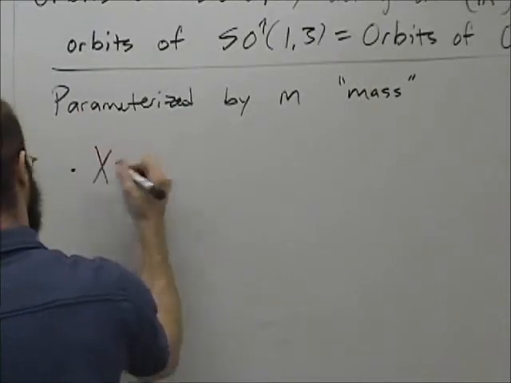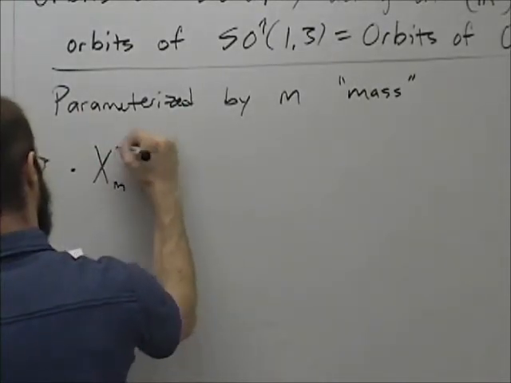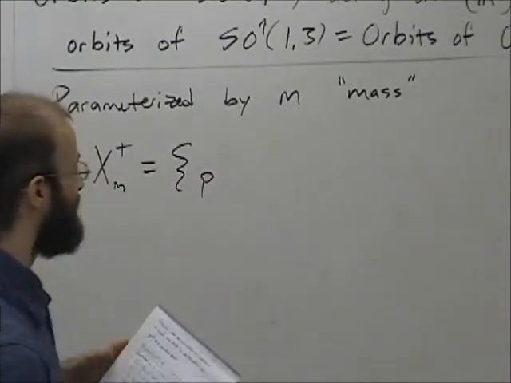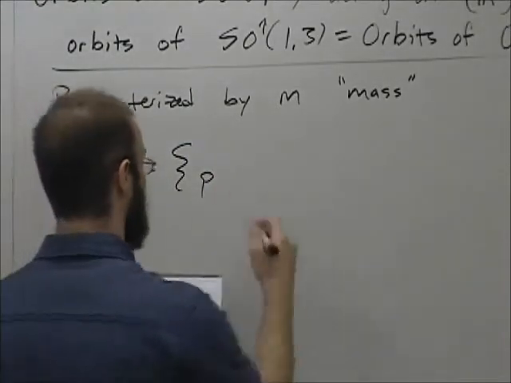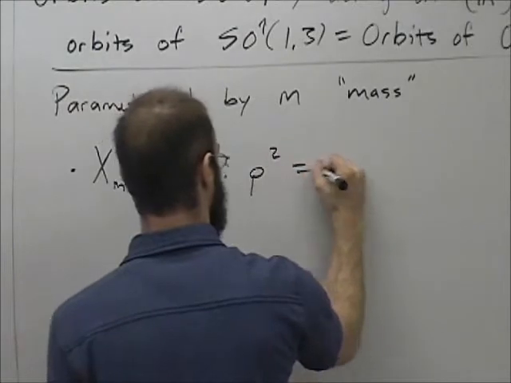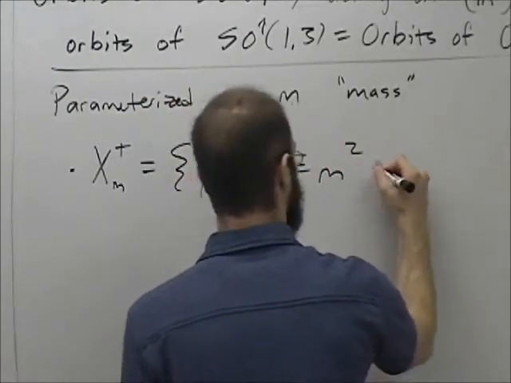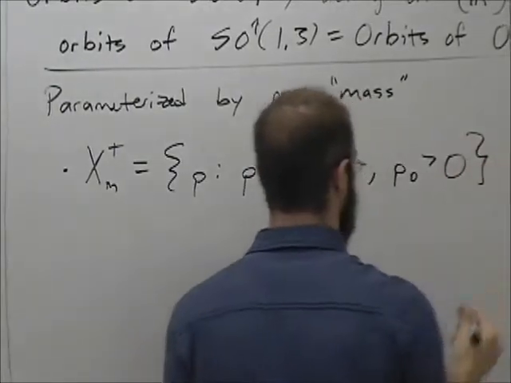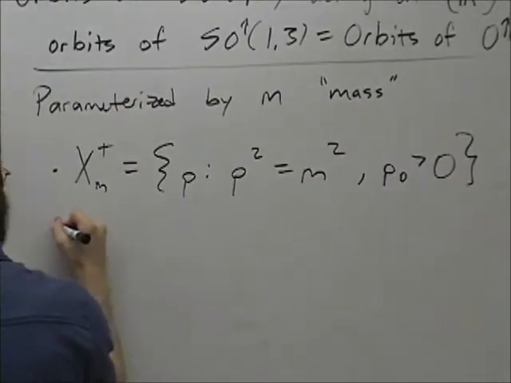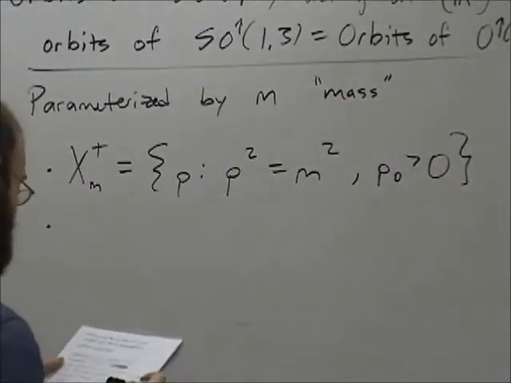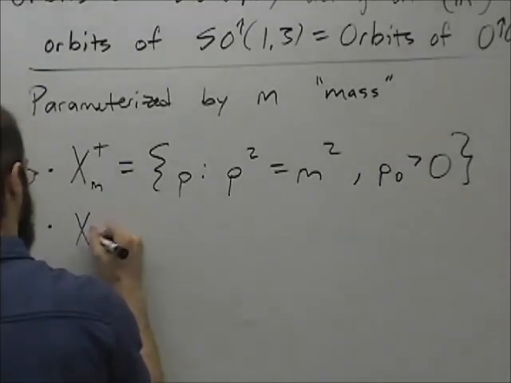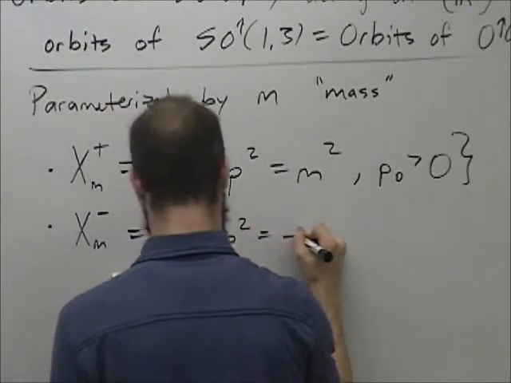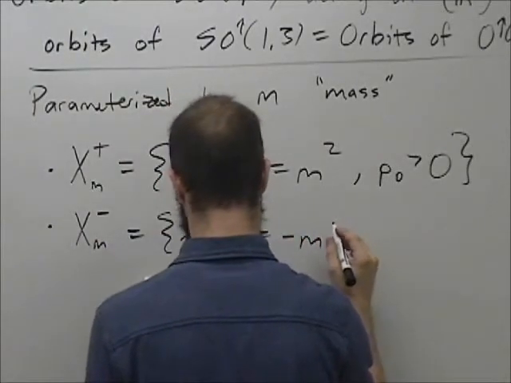Here are my orbits. There's one that's given by this. Now these are going to be the names for my vectors, and I'm going to call them p. This is p squared equals m squared, not greater than 0. Second, I'm going to write these down and then talk about the geometry related to this. P squared equals minus m squared. No, that's later.